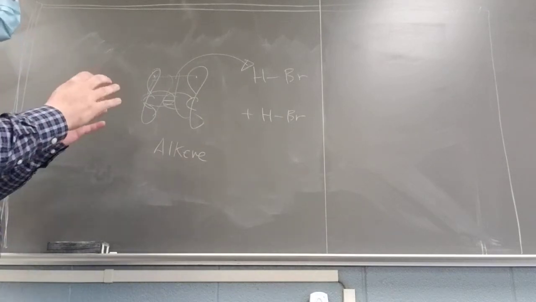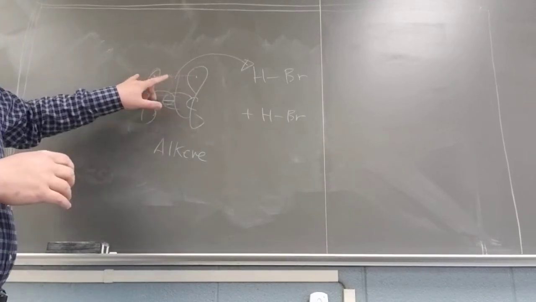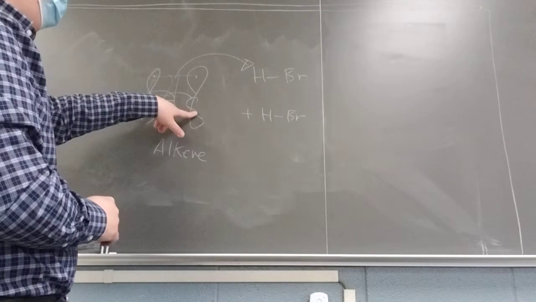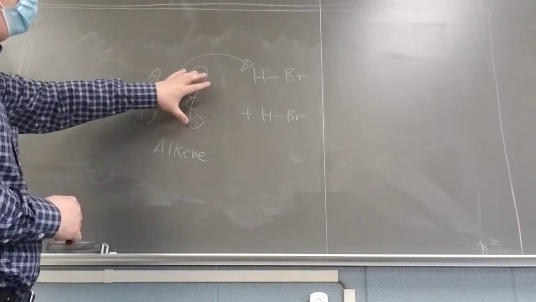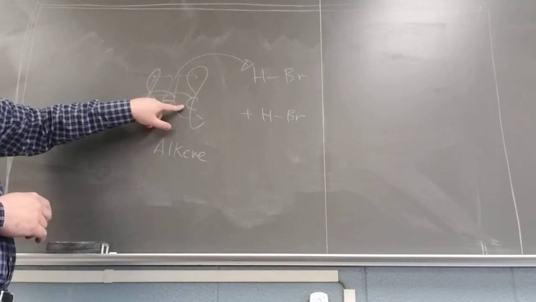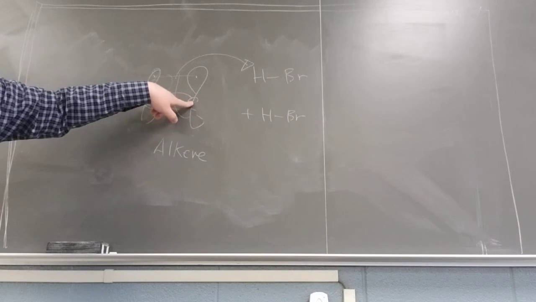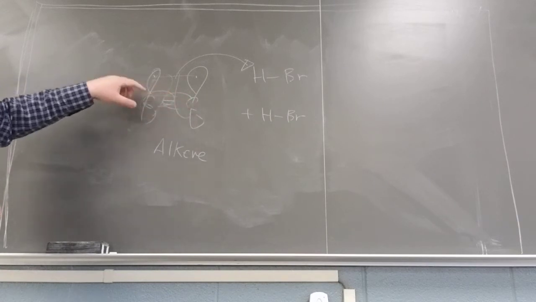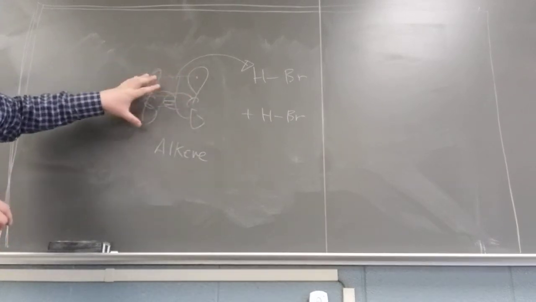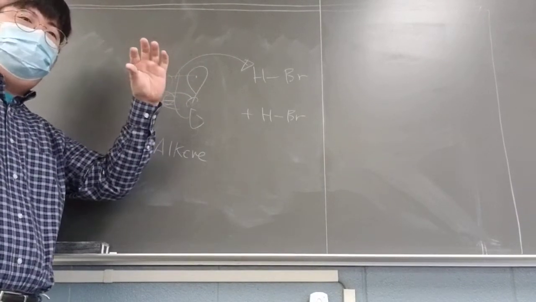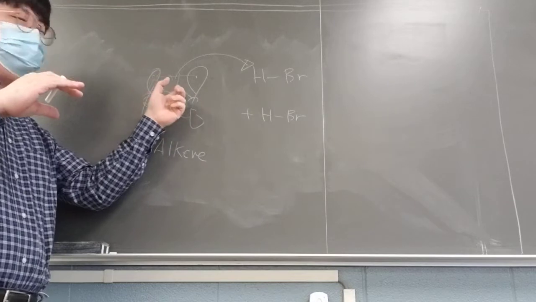So just remember, there's a double bond, and because of that, the electrons in the p orbital are quite far away from the two centers of the carbon. They're more available than the ones in between. So those in between are more strongly held by the two carbon nuclei, and the electrons in the p orbital are a bit away from here. It's just like an additional pi-shaped bond on top of the sigma bond.